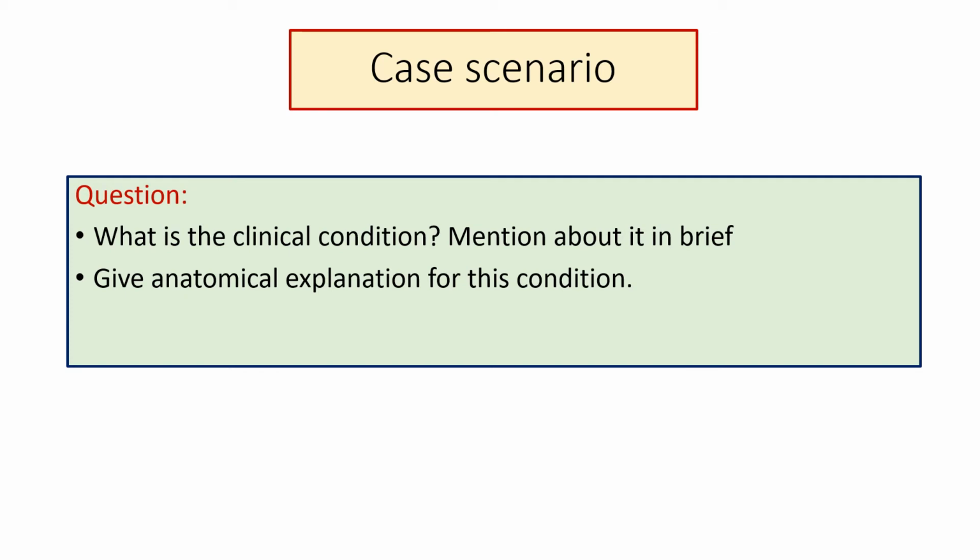After learning about the pulp space anatomy, you should be in a position to answer the questions related to the clinical case. What is the clinical condition? Mention about it in brief. Give an anatomical explanation for the condition.